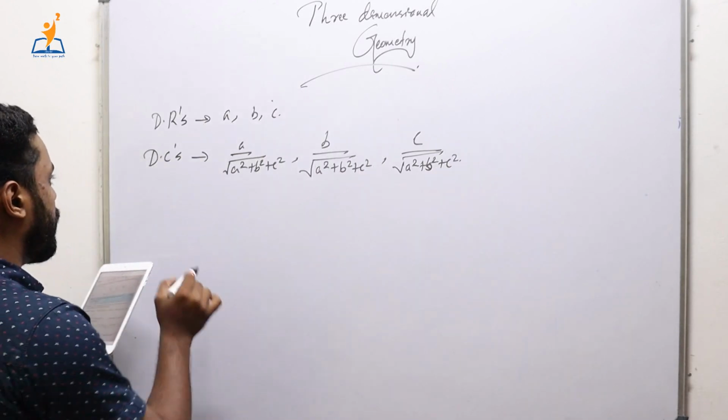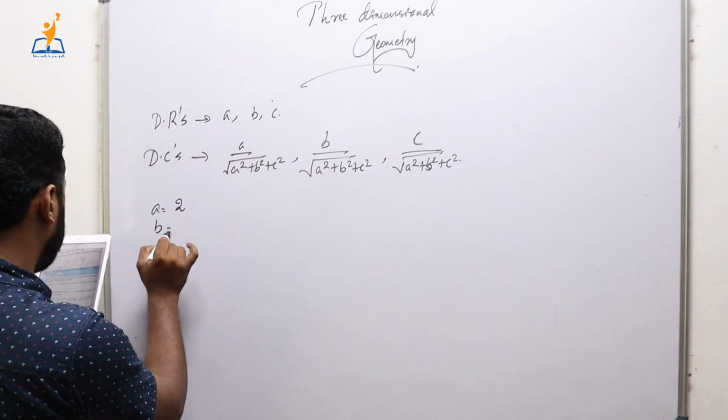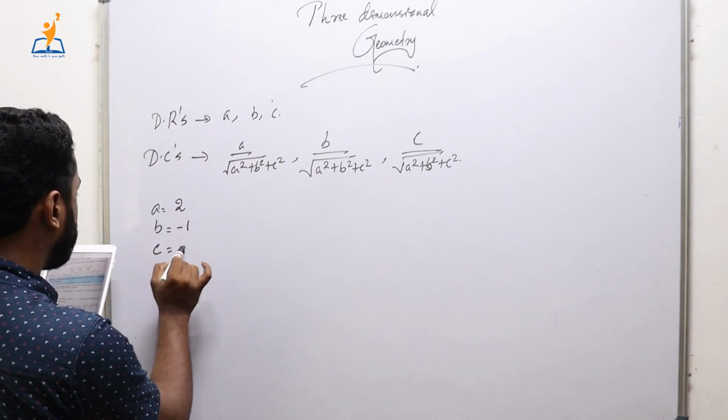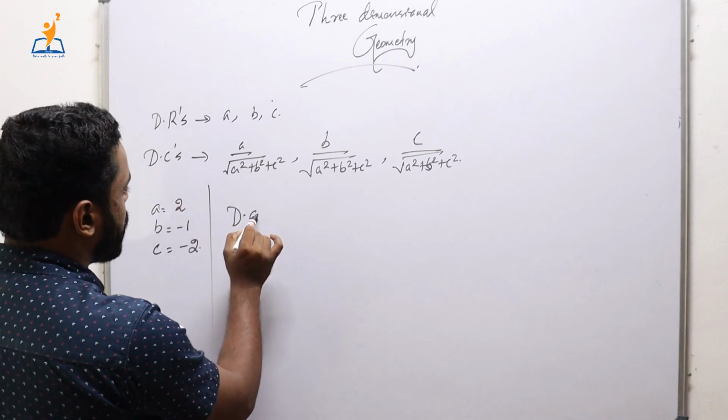Now we can easily find here A is equal to, what is the first point? 2, B is equal to -1 and C is equal to -2. So we can have direction cosines.